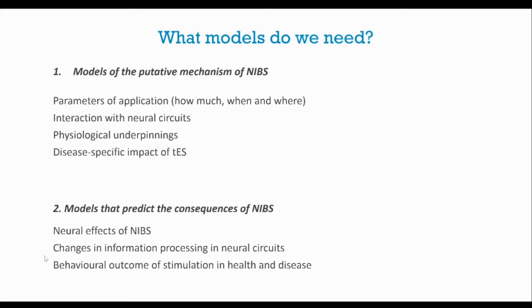They give a prediction about what might happen given a certain parameter set or protocol, and how that interacts with neural circuits that we often cannot directly measure or assess, certainly in humans, and so give some ideas about the underlying physiology.